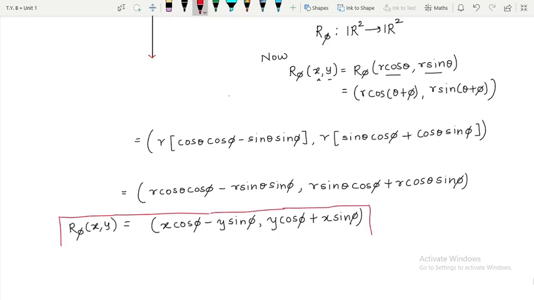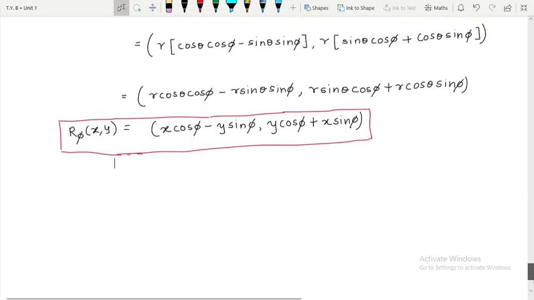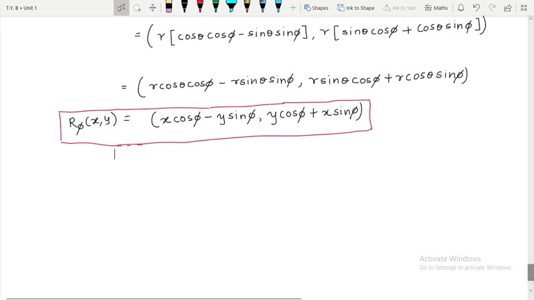The rotation map, but we are interested in the rotation matrix, as we found the reflection matrix in the last class. In order to find the matrix representation of the linear transformation, remember this rotation map is also a linear transformation.